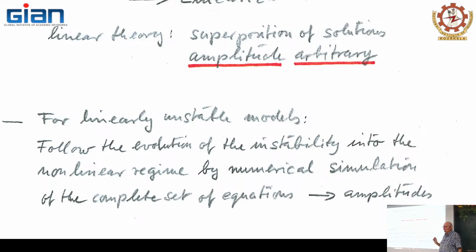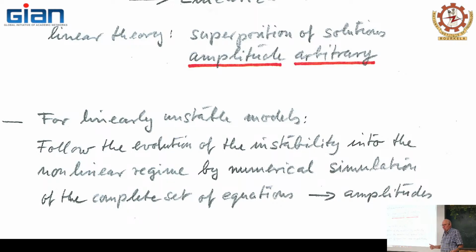We will now in the following consider first the linear theory, and finally at the end of the lecture we will come to the third step, which consists of numerically simulating the evolution of an instability into the nonlinear regime and determining the final amplitudes of our perturbations.